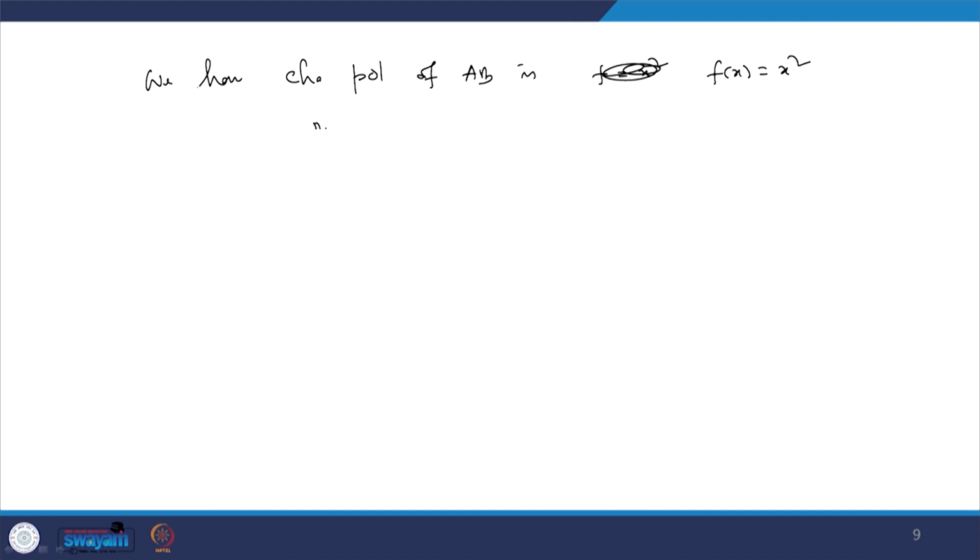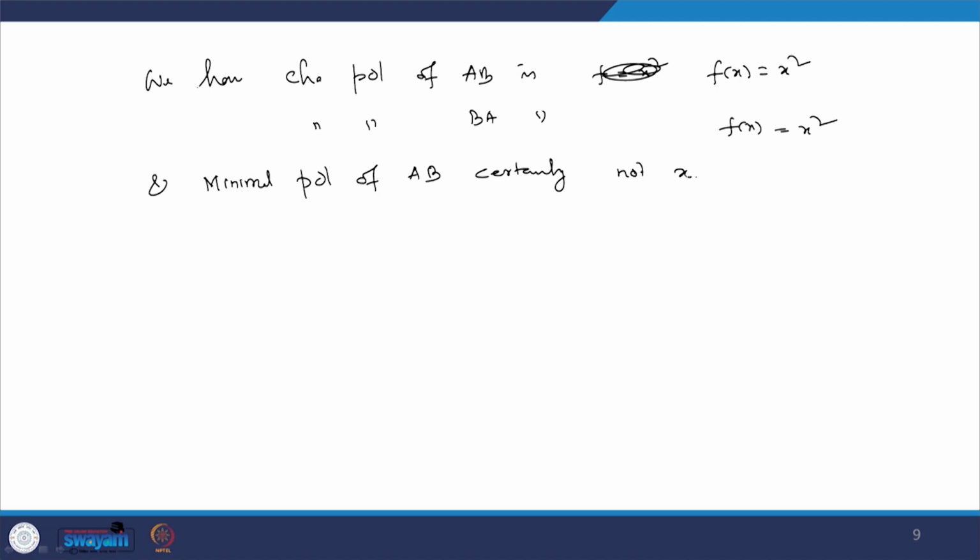We have also the characteristic polynomial of BA is also f of x equal to x square, that is true, and the minimal polynomial of AB is certainly not x.